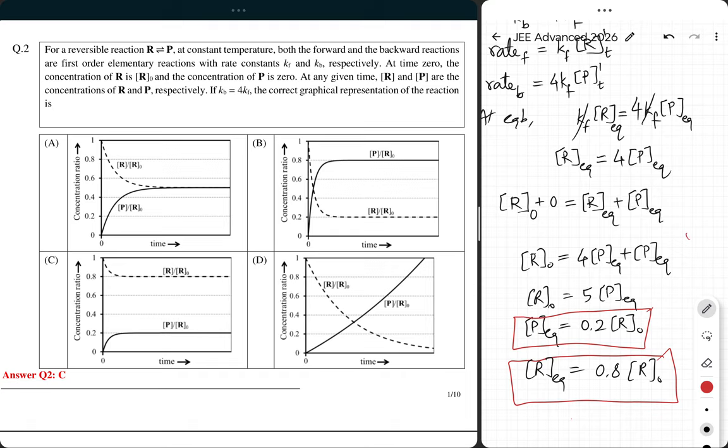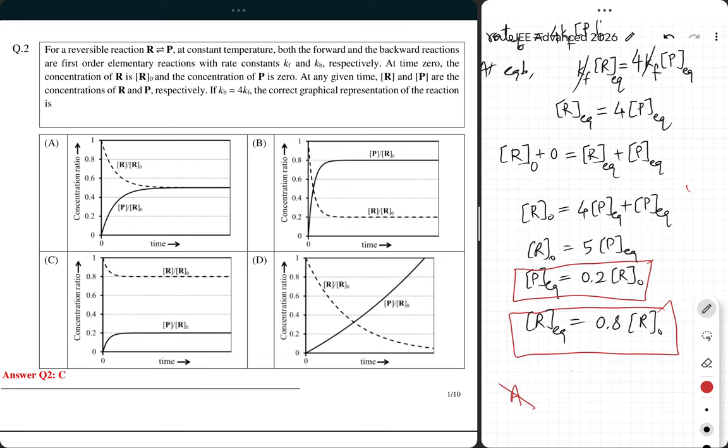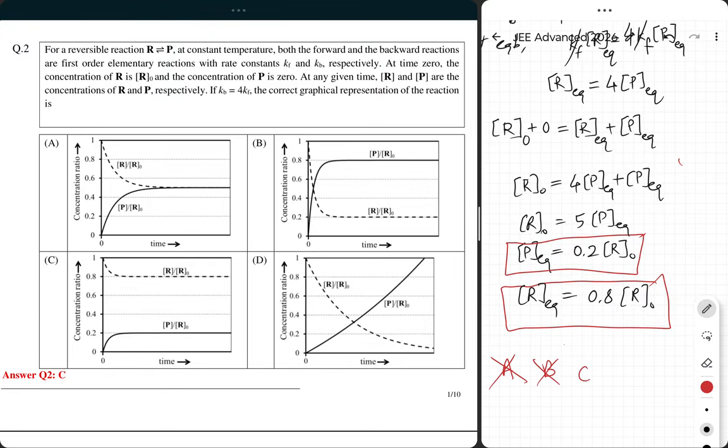A says that at equilibrium the concentrations are same, so A is wrong. Concentration of R at equilibrium is less than that of P, so B is also incorrect. C looks correct. Let's see D.